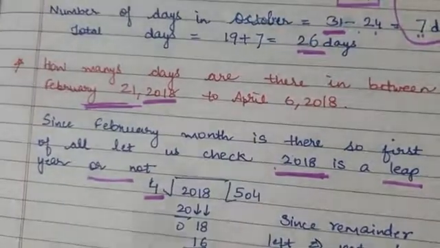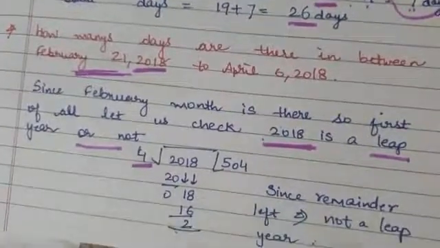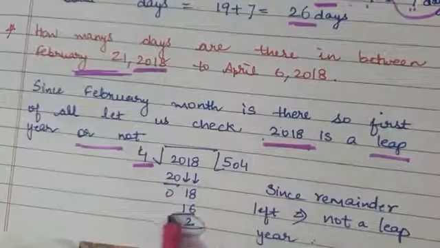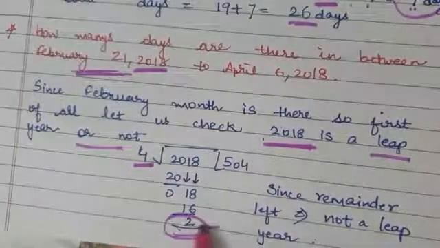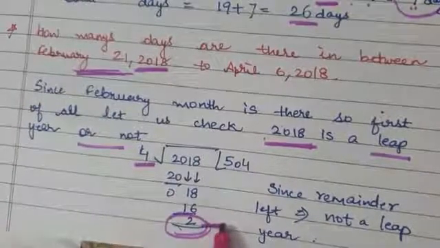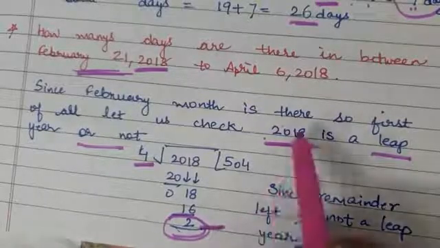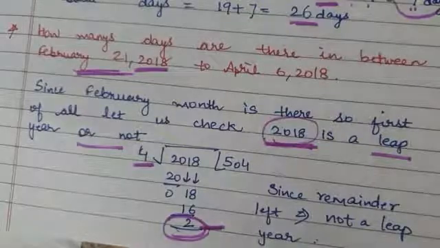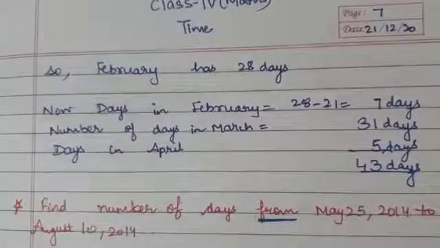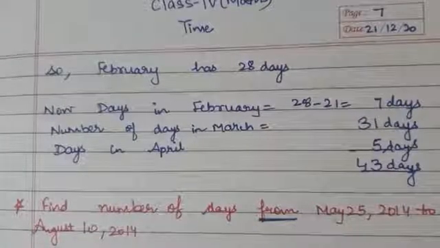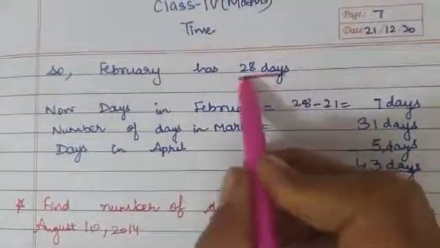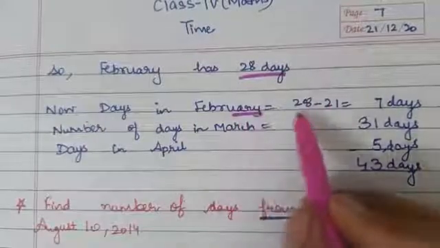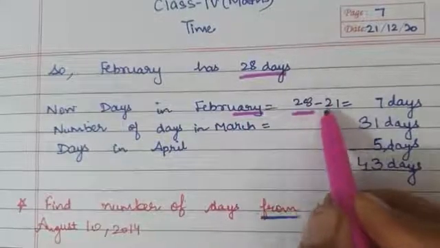So now, if you divide 2018 by 4, we get some remainder which is not equal to 0. So it is very clear that 2018 is not a leap year. So February will have 28 days.